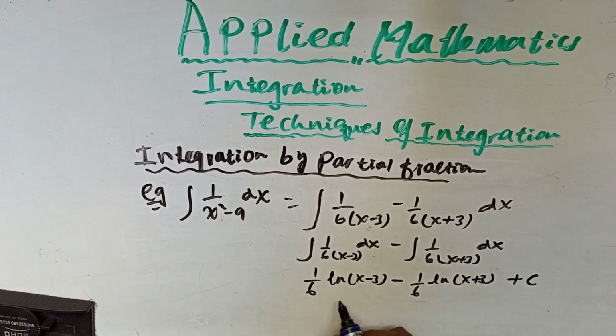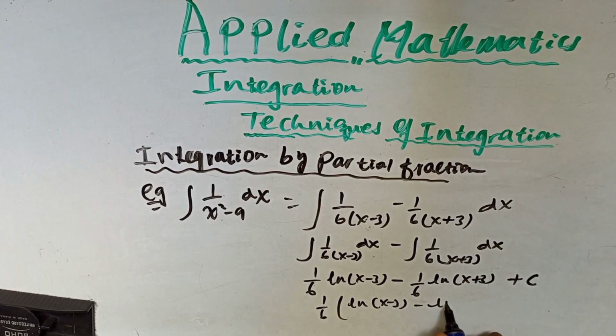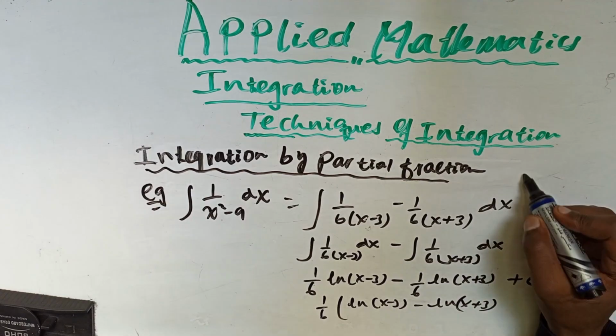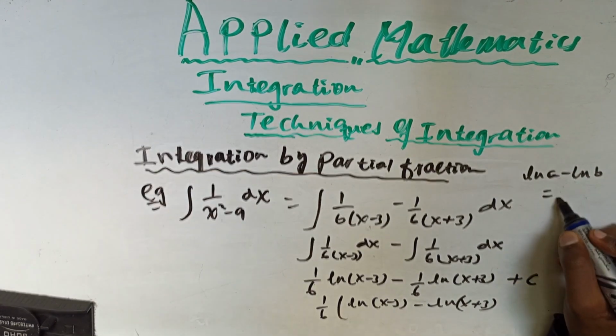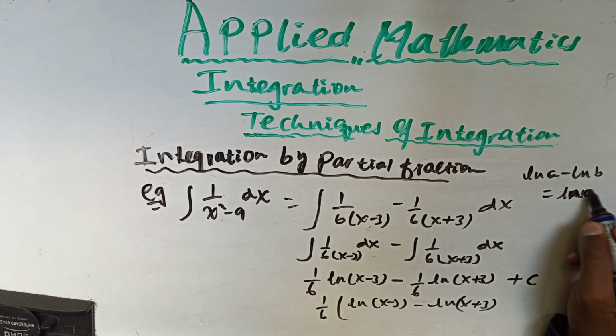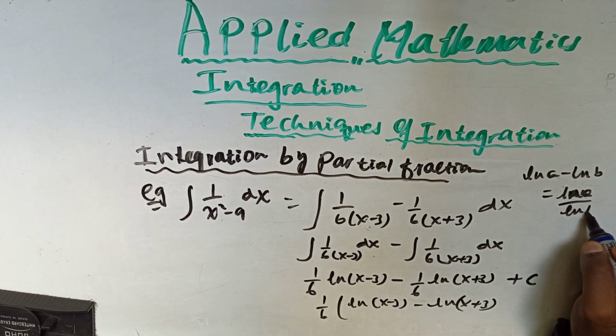So 1 over 6 is common, and we have ln of x minus 3 minus ln of x plus 3. From the logarithm property, ln a minus ln b is equal to ln of a over b.